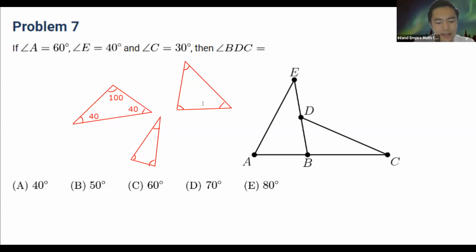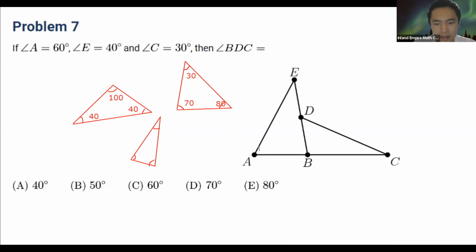And similarly, if this angle is like 70 degrees and this angle is like 30 degrees, then this last angle here would be 80 degrees. You see, no matter how the triangle is configured, the angles always add up to 180.